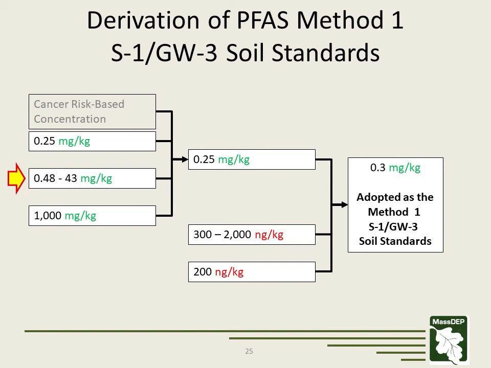So imagine in that box on the left-hand side where the leaching-based concentration would be, we would have 0 milligrams per kilogram. 0 because there's no target GW2 value. Everything else would remain the same, and if you follow through on the highest of these and lowest of those, you end up with the same 0.3 milligrams per kilogram value for the S1 GW2 standards. It just didn't seem worth putting in another slide to tell you that.